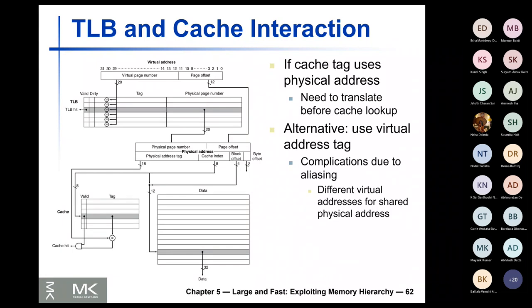Now, this concept of virtual page number address tag is slightly complicated. The problem of aliasing is still not resolved because there is no mechanism to identify which process this belongs to.